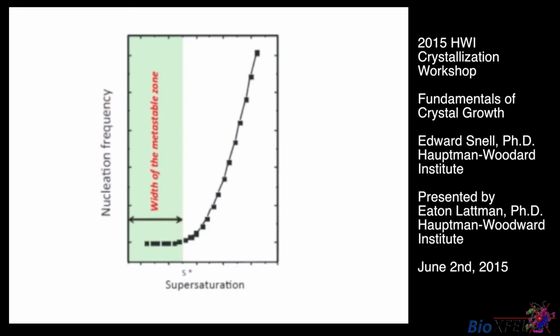This is a picture of the width of the metastable zone, where we would like to be, and this is the nucleation frequency. That was way up when you get to the right level of supersaturation.